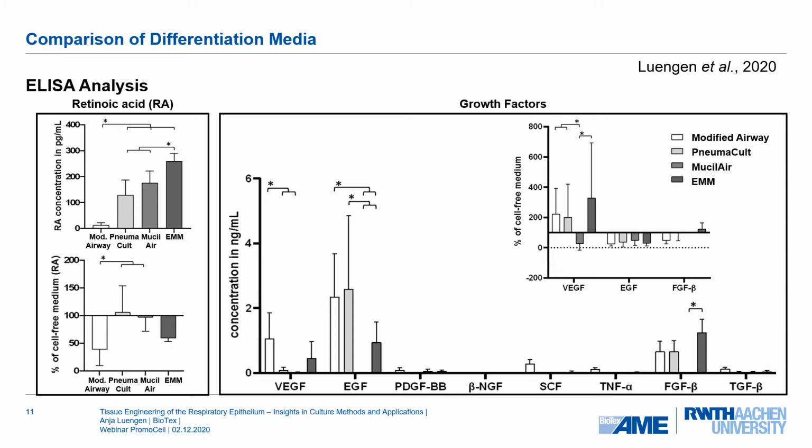This indicates the importance of vessel formation for the epithelial differentiation process. EGF was consumed in all media, while FGF-beta showed varying results for the different media. Literature reports an ideal EGF concentration of 10 nanograms per microliter, which supports our findings. In addition, regulatory interactions between retinoic acid and VEGF have been reported in the literature.